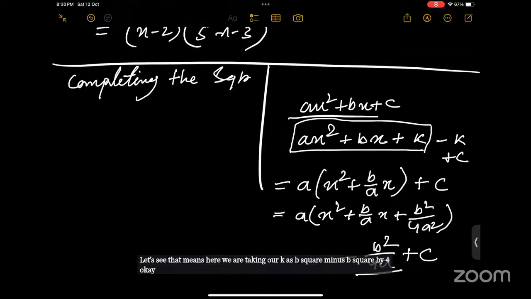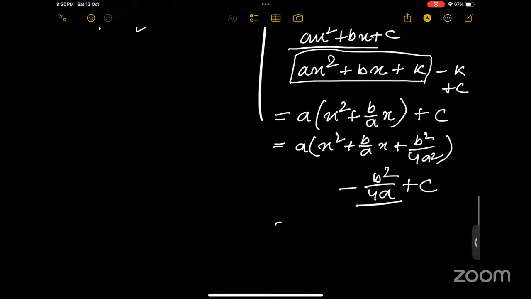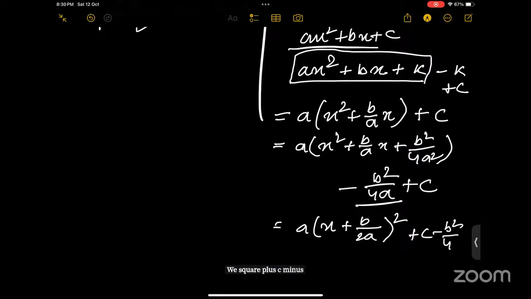Then this becomes x plus b by 2a the whole squared, plus c minus b squared by 4a. The extra a cancels out. So this is our k and this is our h.